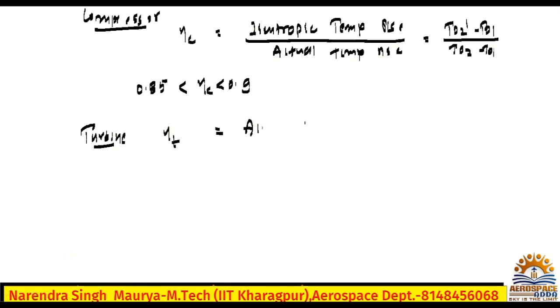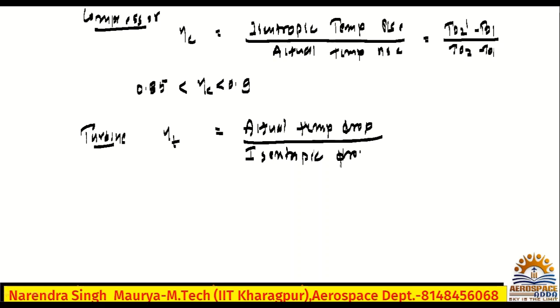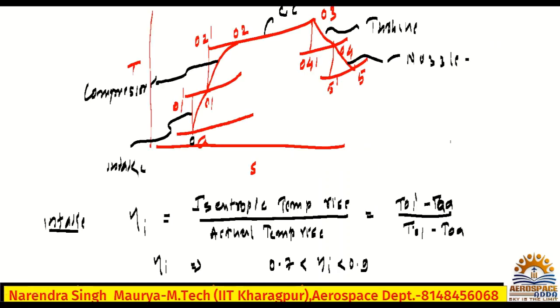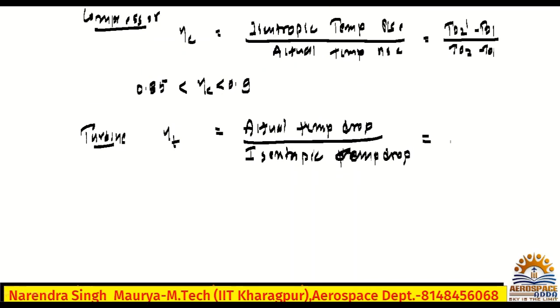So you write actual temperature drop divided by isentropic temperature drop. What is the actual temperature drop? Actual is T naught 3 minus T naught 4 divided by T naught 3 minus T naught 4 dash.